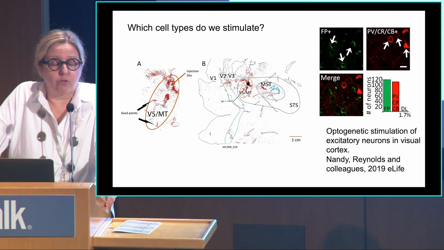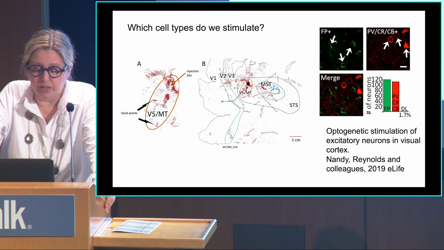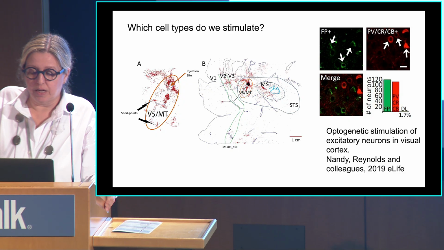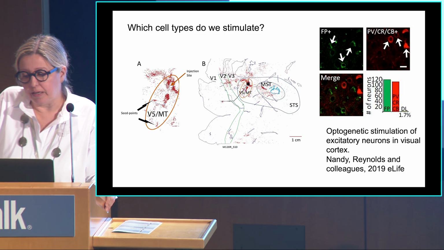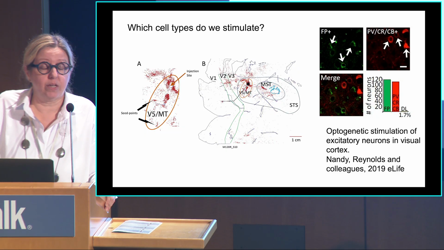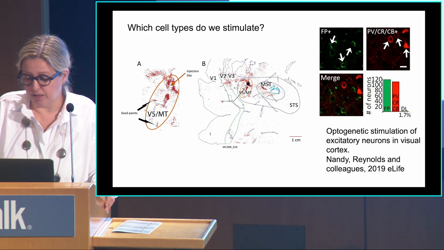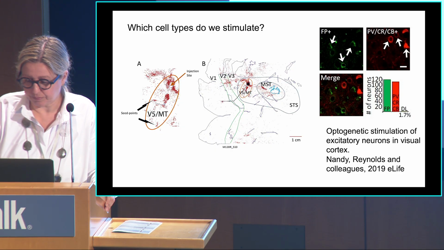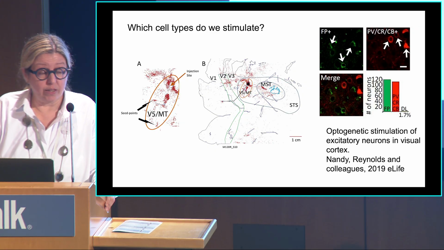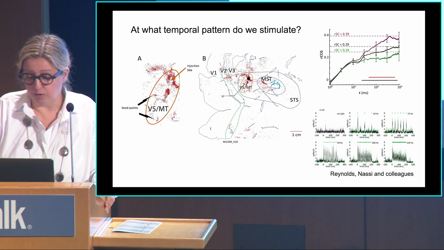With electrical microstimulation, we just put a current in. We don't know which cell types we stimulate. So one way forward would be potentially to look at that, for example, with optogenetics, stimulating excitatory neurons in V5MT and seeing whether we can get a better output.